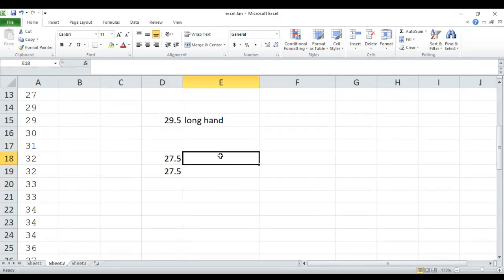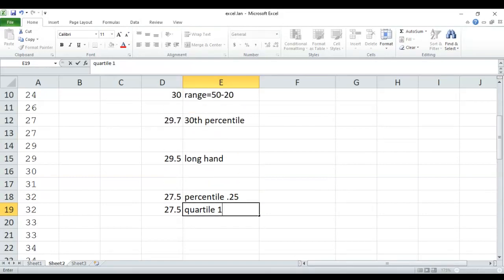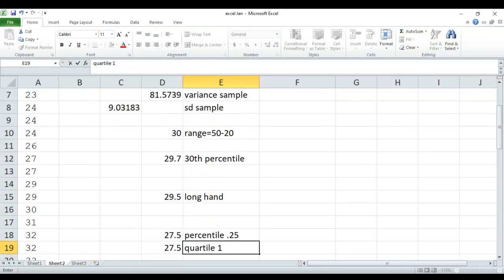So this is using percentile 0.25, and this is using quartile 1. You get the same answer. So that means 25% of the scores are below 27.5 or equal to 27.5. Okay, that's what that means.